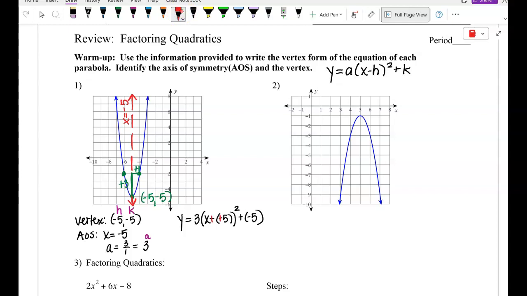I have that double negative inside, so y equals 3 times the quantity x plus 5 squared. And instead of writing plus -5, we would just say -5. So that would be the equation for that parabola in that graph.